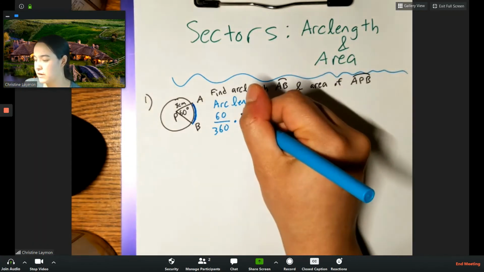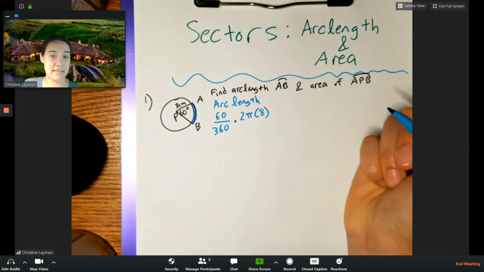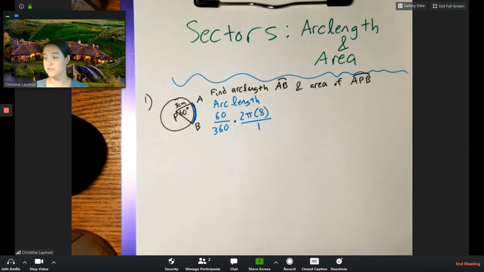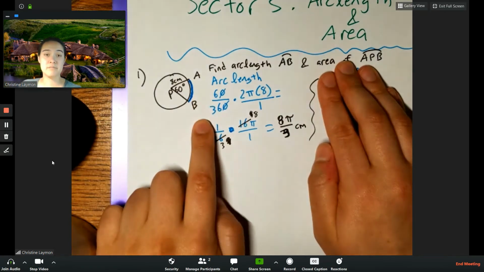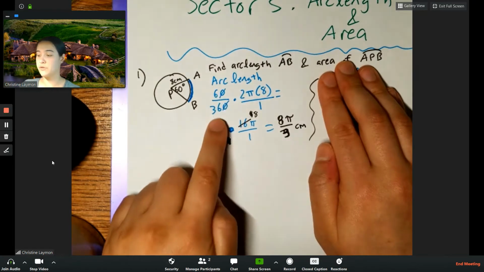So times 2 pi r, and again, we know that r is 8. And I'm going to go ahead and put this over 1 so I remember how to multiply my fractions. I'm going to go ahead and simplify this. All right, so I had 60 over 360, and I remember that I can divide top and bottom by 10, so it's really 6 over 36.